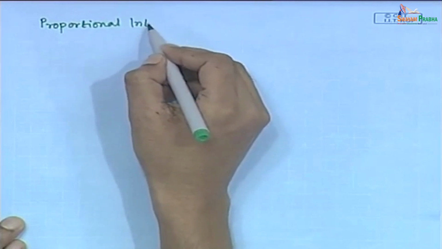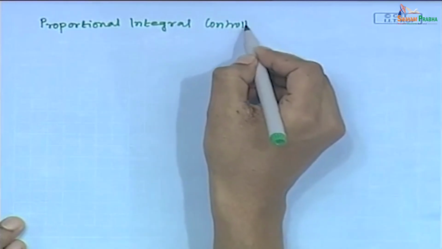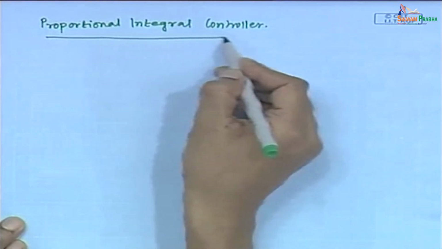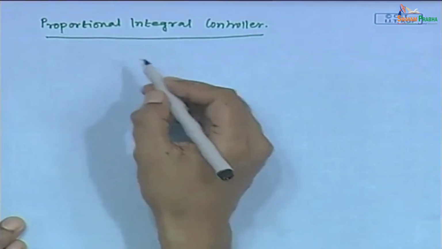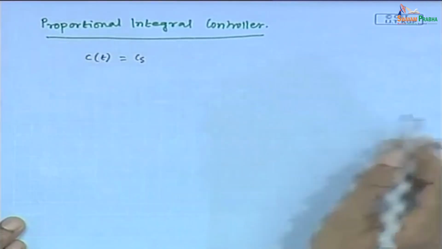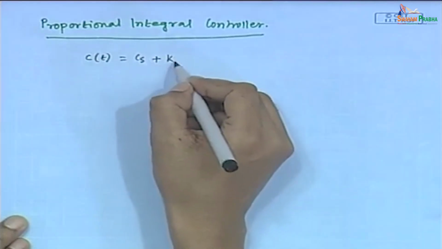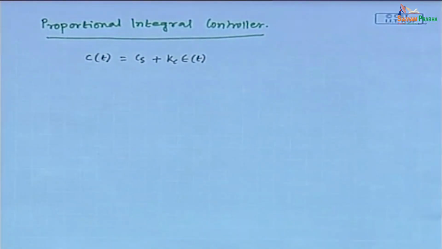C(t) equals Cs plus Kc epsilon(t). This is the representation of P only controller.